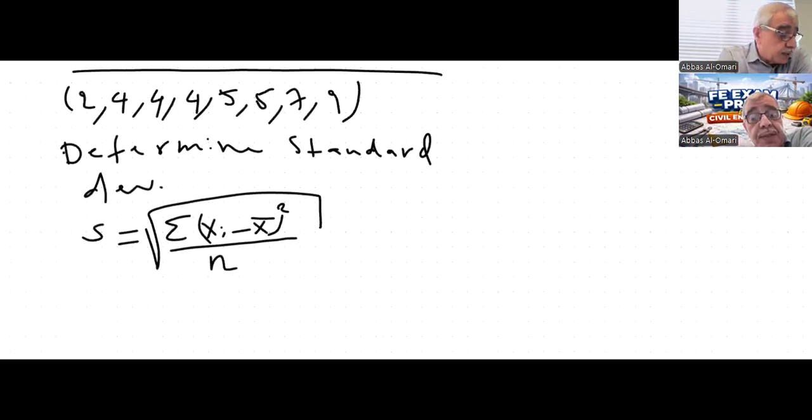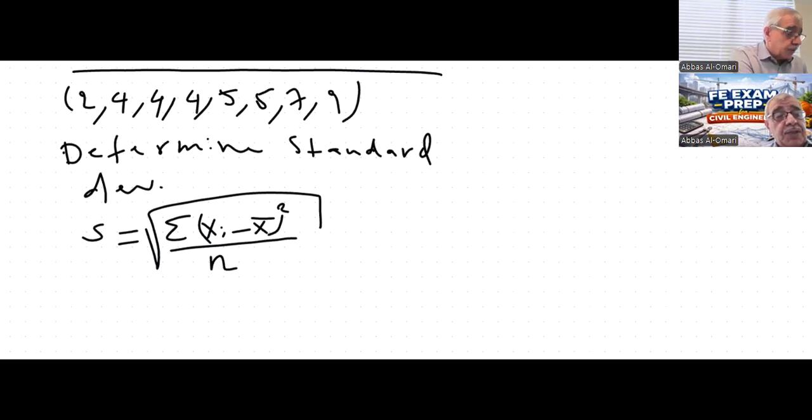Now here, as I said, we divide by n, the number of points, because we want to use the formula for population. If we want to use the formula for the sample, we simply divide by n minus 1, that's all. So we have to first find the x bar, which is the arithmetic average of the sample or the population.